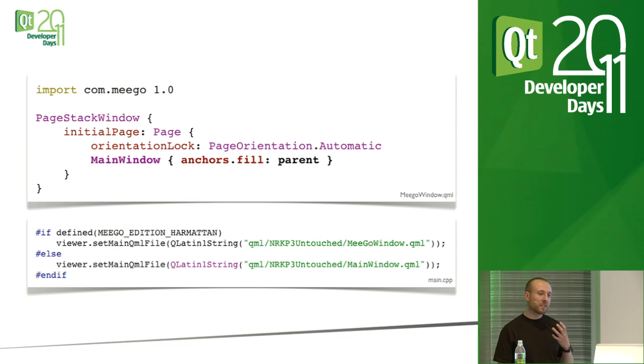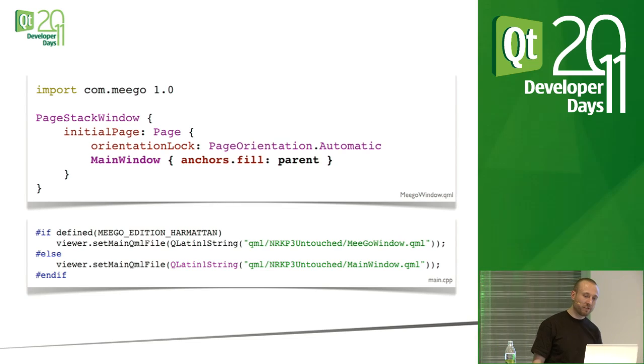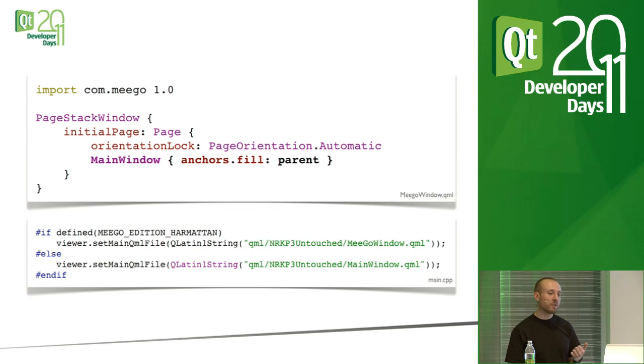The problem with that is, of course, that you need to have this as the top level of your UI code. So what we have ended up with is basically introducing ifdefs that load different UI files, QML files, based on if you're on MeeGo Harmattan or not. If you look at the top piece of code, we have what we call the main window, which is what we normally would load, which contains all the UI code.